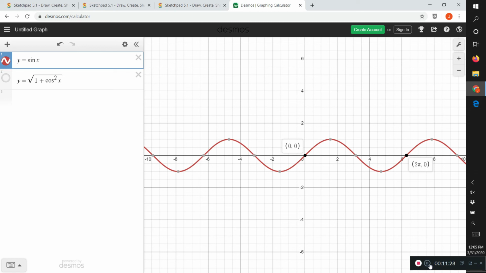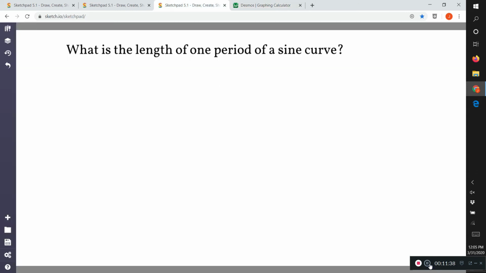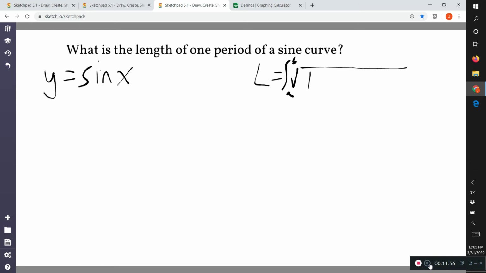That's the standard period we typically refer to as a sine curve. And what we're finding here is the distance as we go along that curve. So what that means? Our function is y equals sine x. So if we're going to use this formula, we need to establish two things.